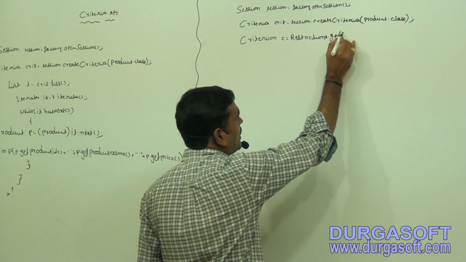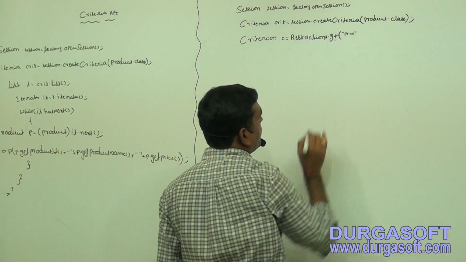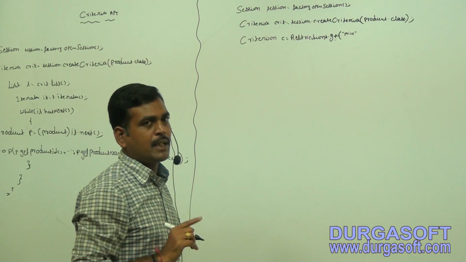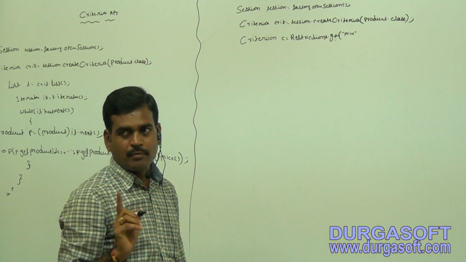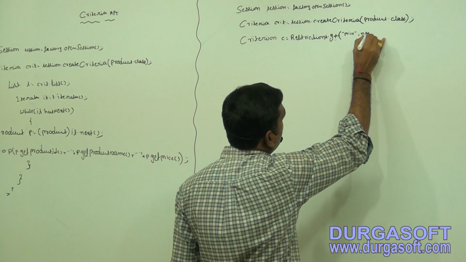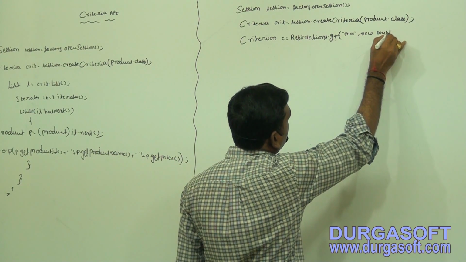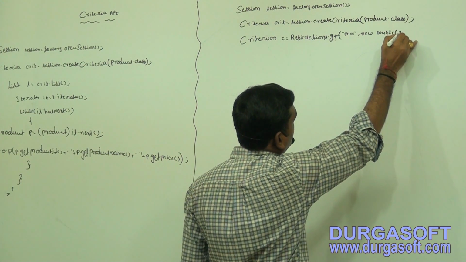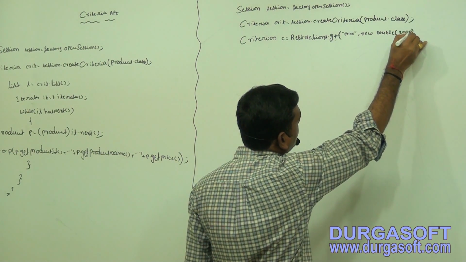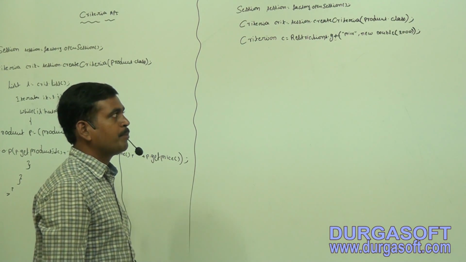POJO class property name, that means here I am passing what? Price. Price is what? POJO class property name but not database column name. Then next, comma, new Double of 2000. Like this we can pass, right?